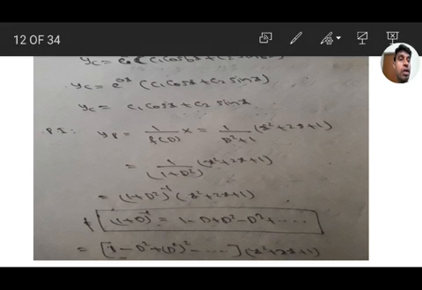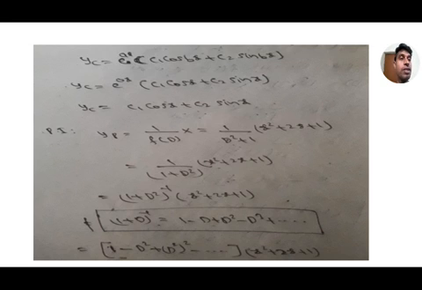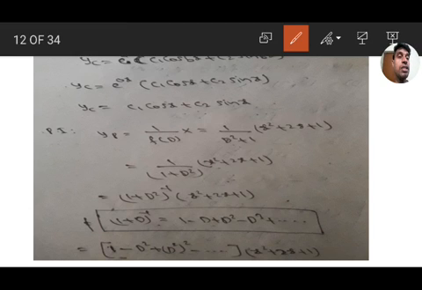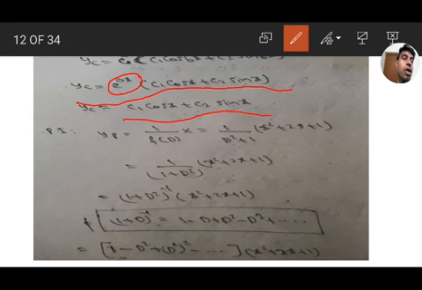Substituting in this, yc equal to e to the power of 0x (c1 cos x plus c2 sin x). E to the power of 0x means 1. So yc, the complementary function, equal to c1 cos x plus c2 sin x.